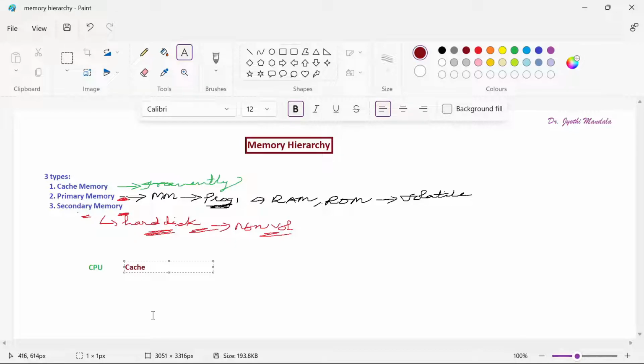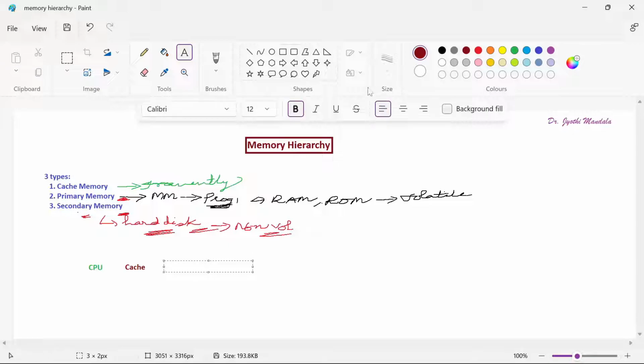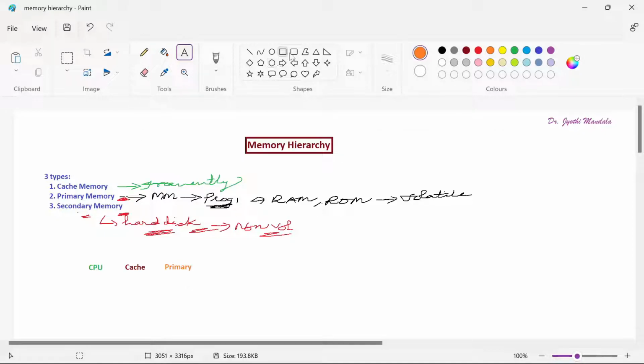After that cache memory, you will have the other type called main memory, or let me write primary memory. After primary memory, we will have the secondary memory.